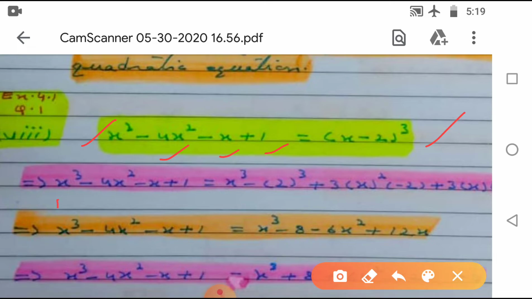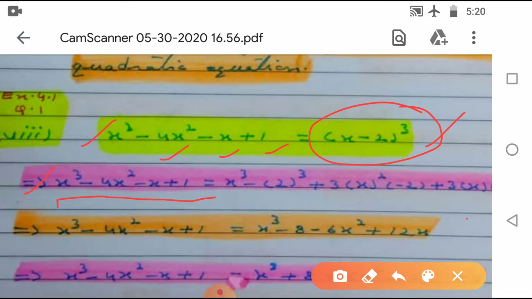So, this is x³ − 4x² − x + 1, and (x − 2)³ is of the form (a − b)³. We have to apply here the formula of (a − b)³, and you know the formula of (a − b)³, that is a³ − b³ + 3a²b + 3ab².